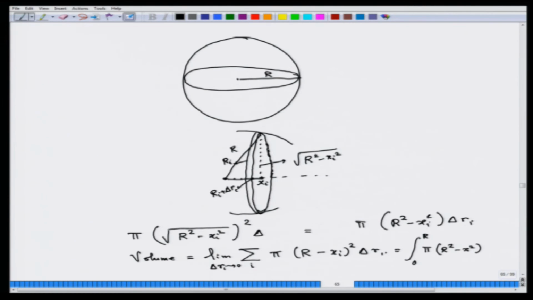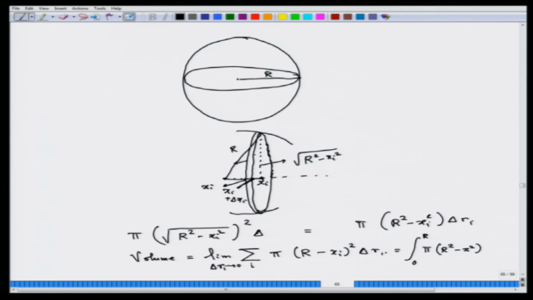So, the actual change in the radius, whatever I am writing as Ri here is actually not really Ri. So, if this is my xi at this end, then at this end the coordinate is xi plus delta xi, and this coordinate is xi. I am taking this xi and calculating the area of the cylinder.